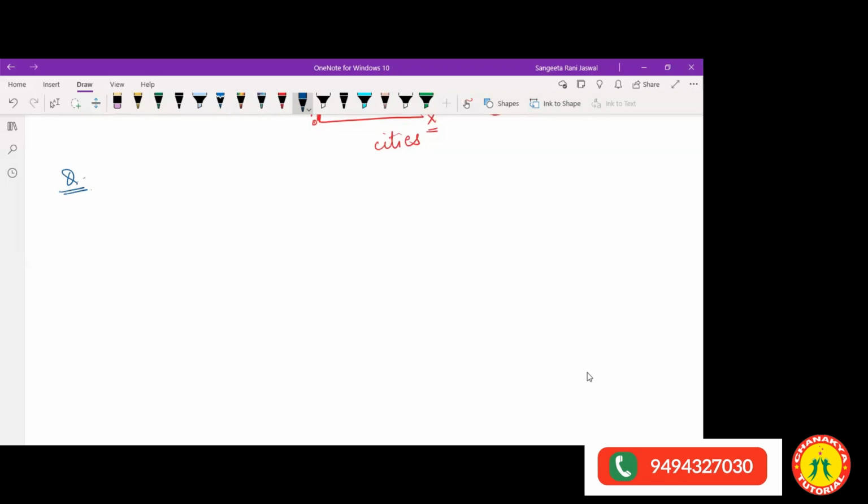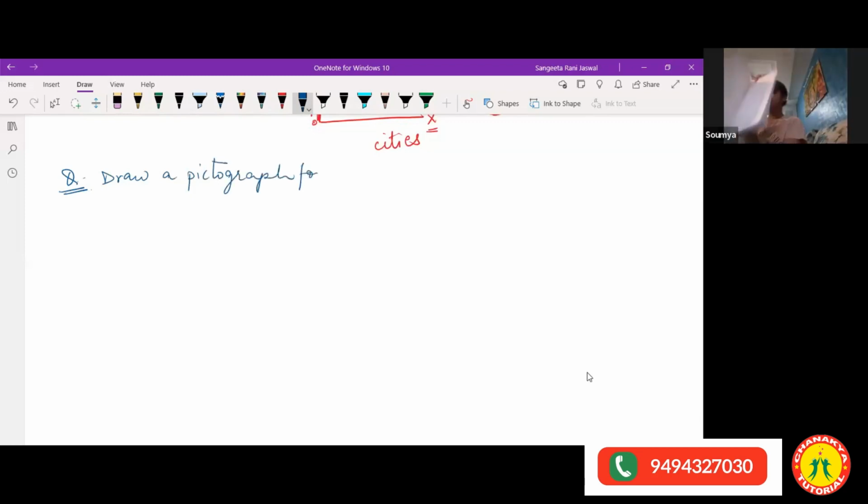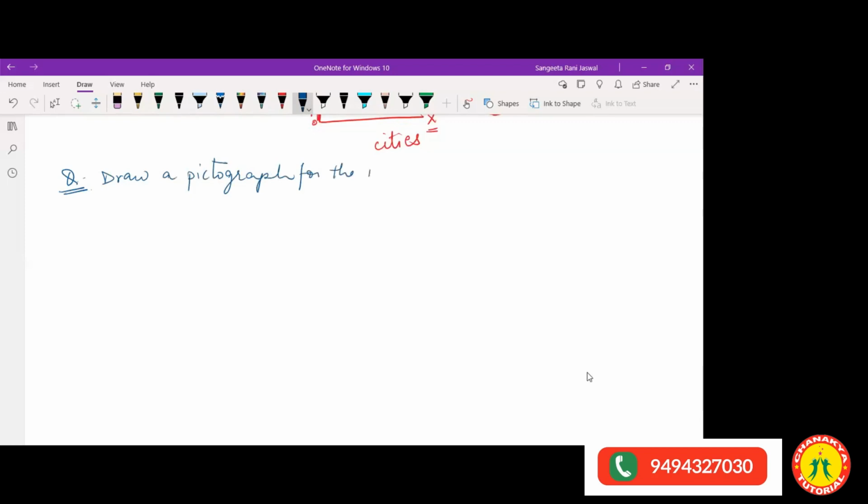Please write down: draw a pictograph for the number of wristwatches manufactured by a factory in a particular week.